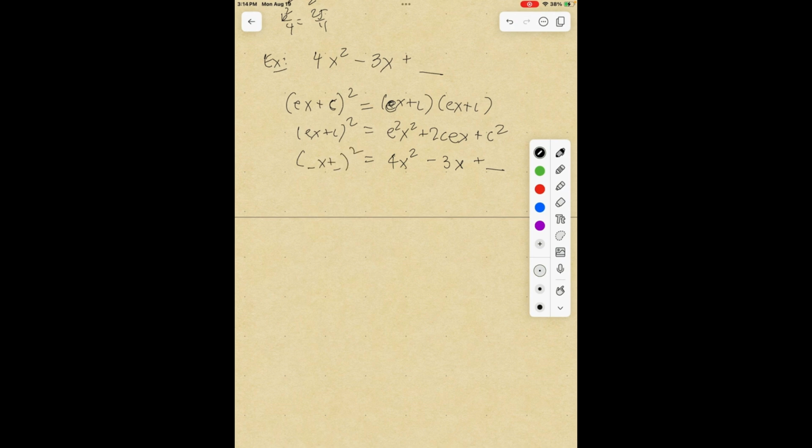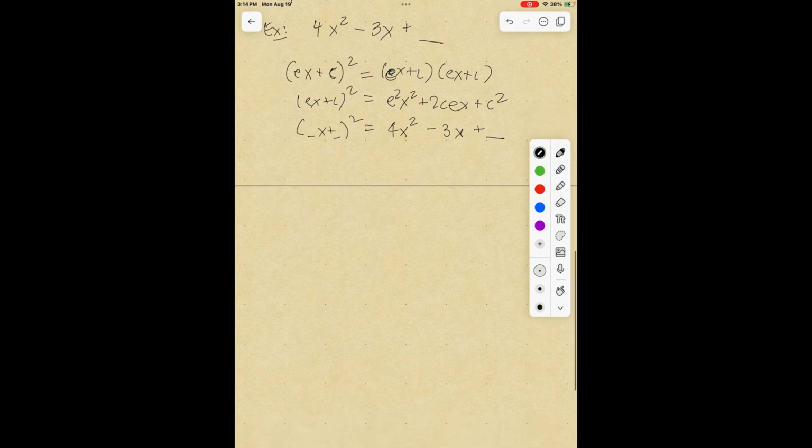And we want to figure out what the numbers in the blanks are. Let's just write out what we have. The coefficient of x squared is this, and this is the coefficient in front of x, right? And so we know that e squared equals 4.